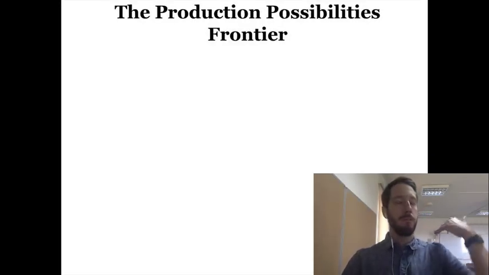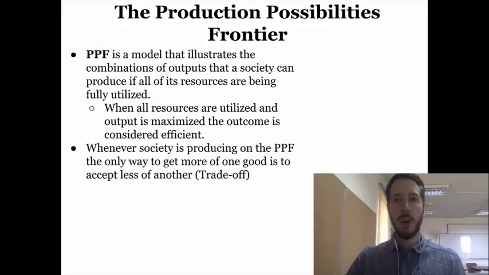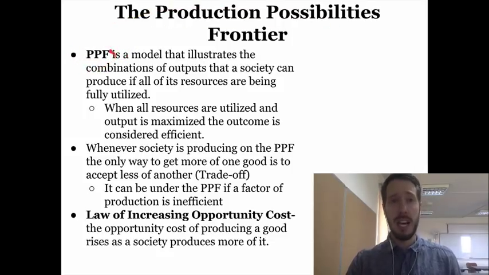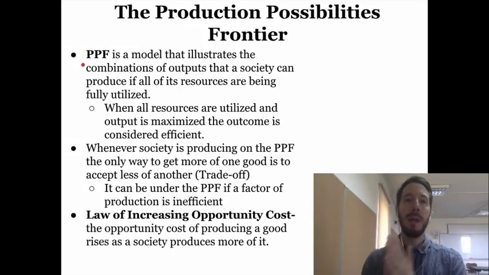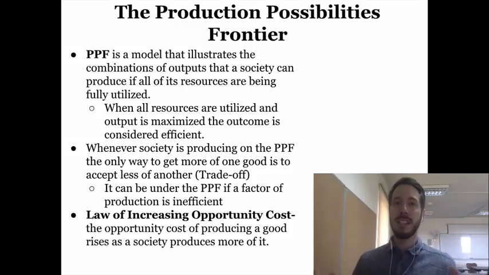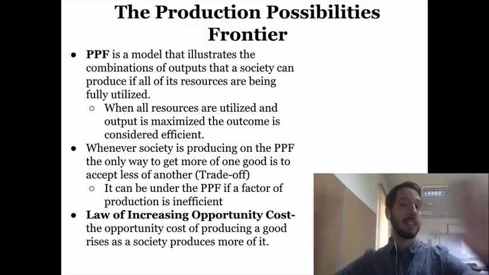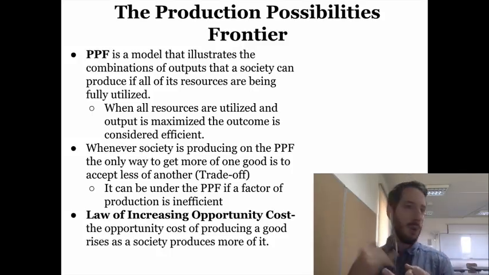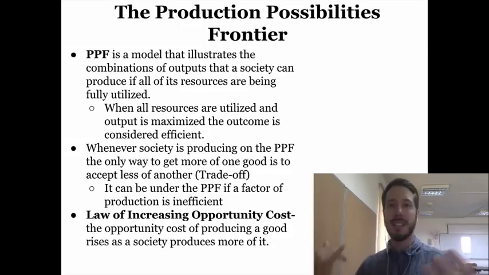So, the model we're going to be talking about today is called the Production Possibilities Frontier, or PPF for short. I don't want to say Production Possibilities Frontier every single time. Try to say that 5 times fast. Don't do it. You can't. PPF is a model that illustrates the combination of outputs that a society or an individual can produce if all of its resources, its natural resources, the equipment that it has, the labor that it has, the money that it has, are being used.